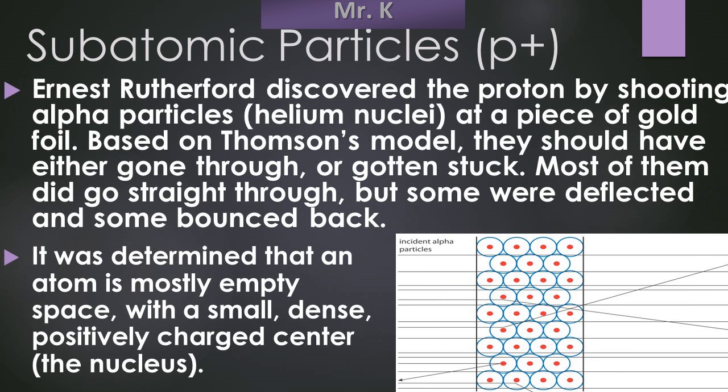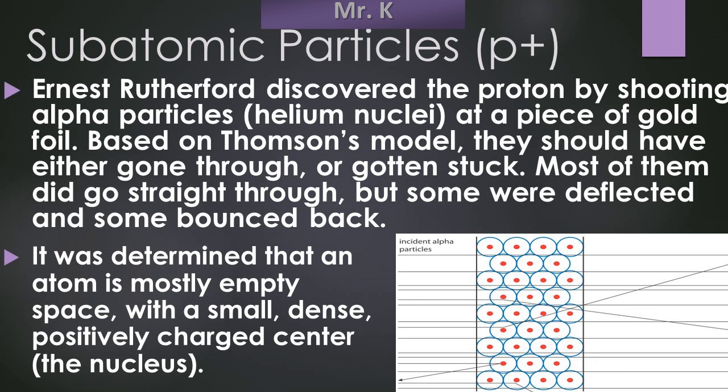Rutherford discovered the proton, and the experiment he used to discover the proton was by shooting alpha particles, and what an alpha particle is, is a helium nuclei, 2 protons and 2 neutrons together. So therefore it has a positive charge. He shot it at a piece of gold foil. Based on Thomson's model, he would have guessed that they would have gone through or gotten stuck in that spongy material.